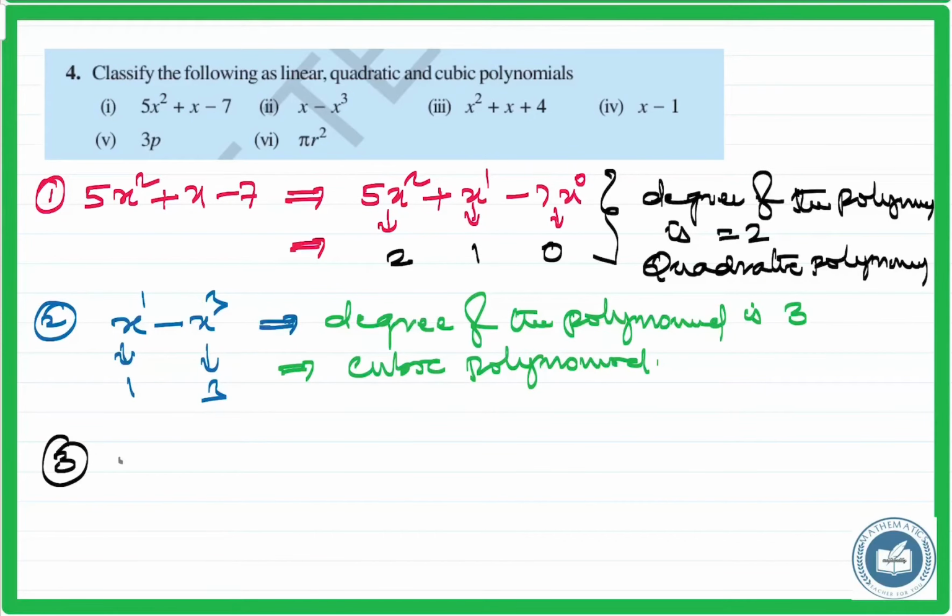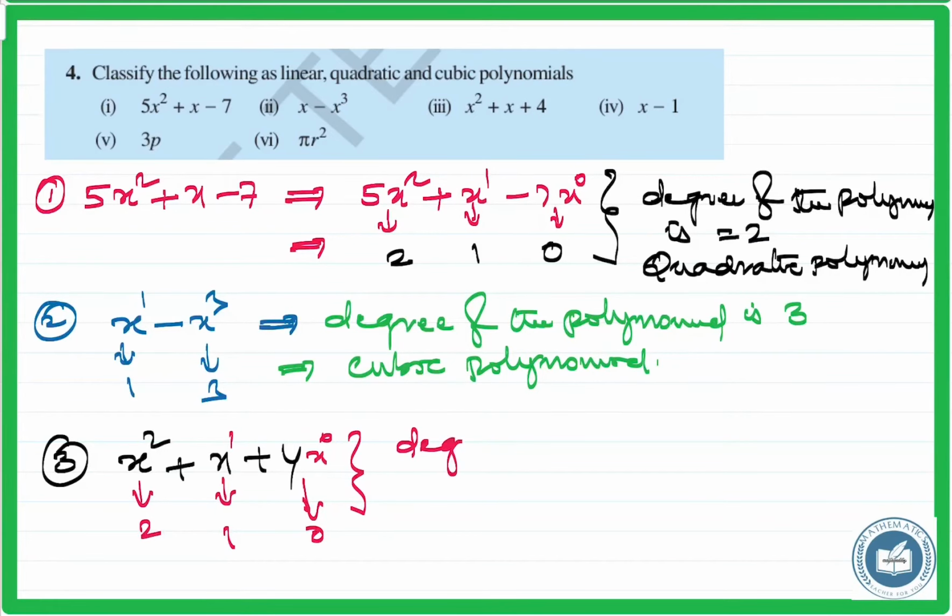Next, third one. x square plus x plus 4. Here the degree of the first term is 2, the degree of the second term is 1 and the degree of the third term is 0. The degree of the polynomial is the highest degree of the variable term present in the polynomial.